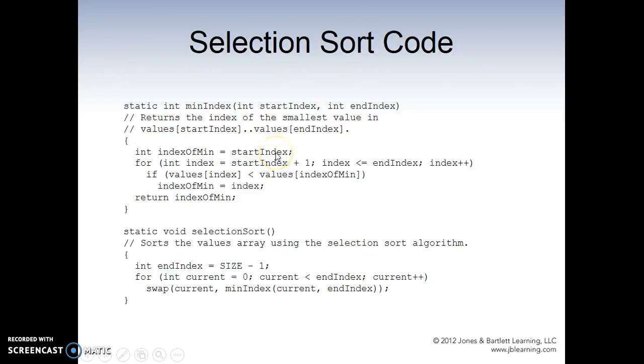We assume that the first one is the min, and we iterate the loop starting from the start index plus 1, the next element from the current index. We don't need to start at the start index itself because we are trying to find the next one, comparing to the current index to see if it's smaller or not.